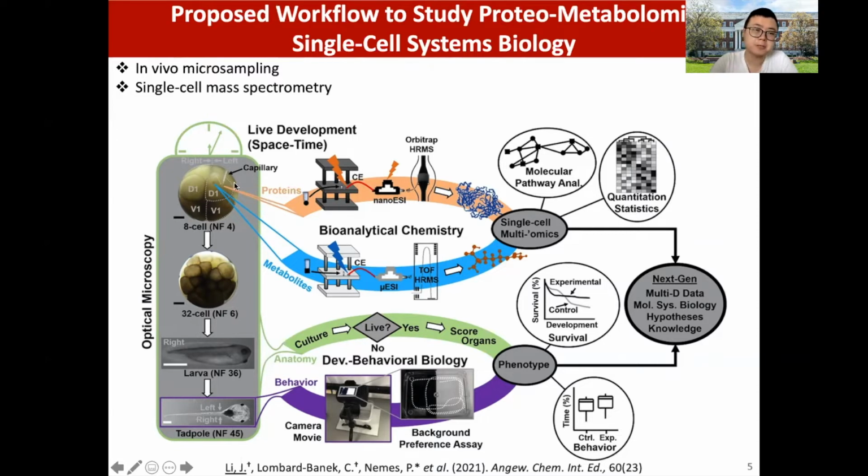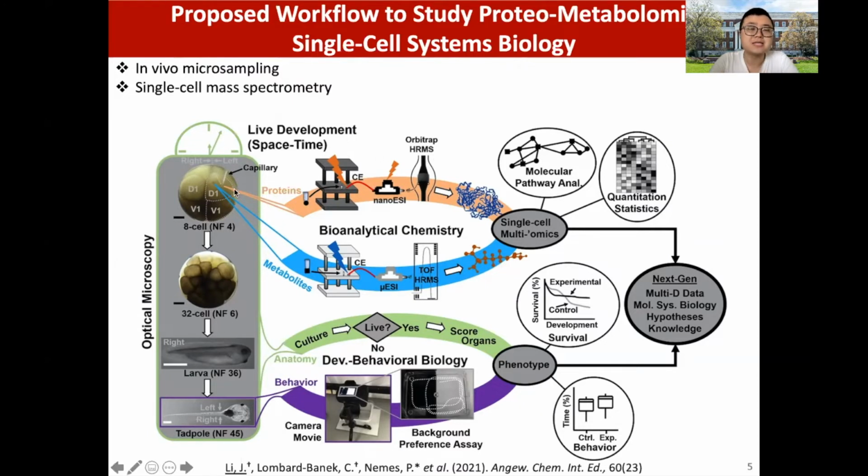In the first part, we use microsampling to aspirate from the D1 cell. One sample is used for proteomics analysis. The other sample is used for metabolomics analysis. And then we combine the data to do the multi-omics analysis so that we can use the pathway analysis and the statistical analysis.